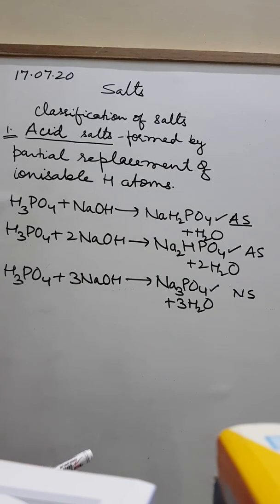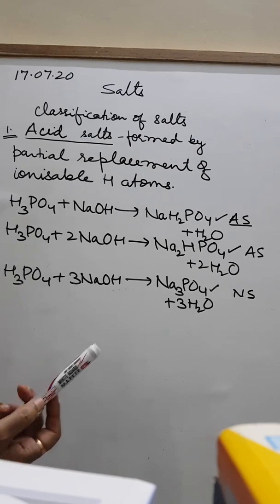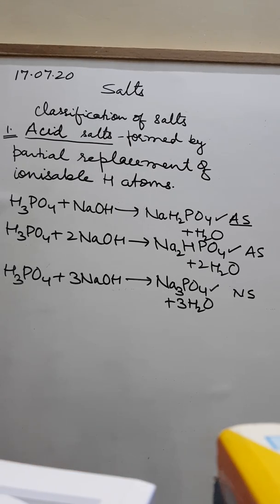So normally for this we have those acids where the number of replaceable H is 2 or 3. Then only we can have incomplete replacement. If there's only one, children, it makes no sense. So normally here we have acids which are tribasic, or it can be H2SO4, which is a dibasic acid.